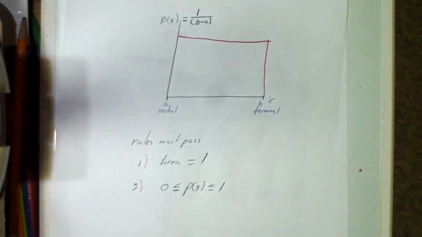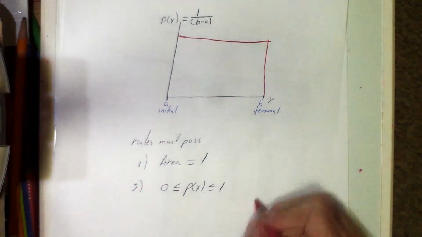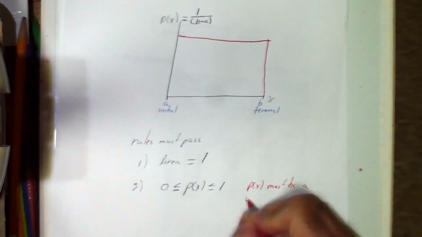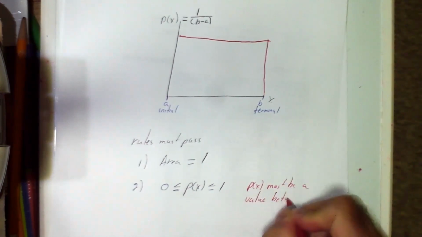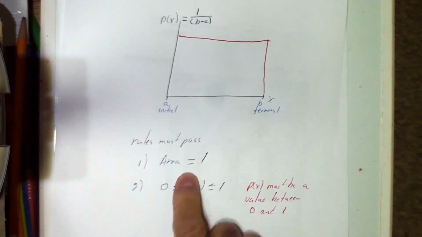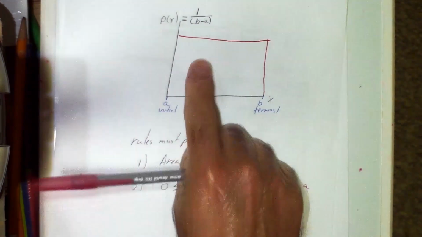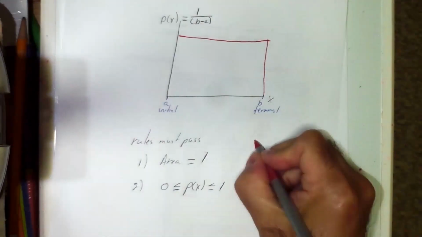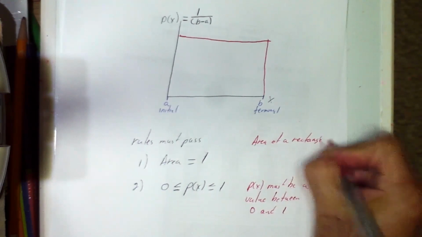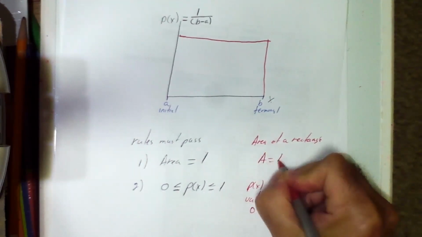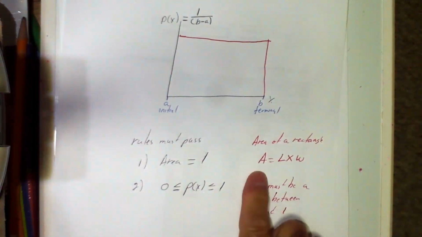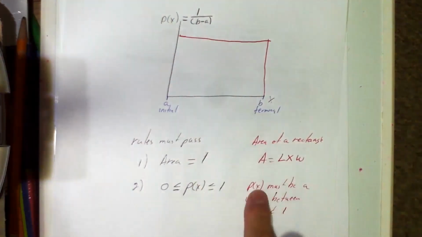That means P of X must be a value between 0 and 1. And since we're dealing with the area of a rectangle, area equals length times width. You have to use that formula to determine if that shape is going to equal 1.